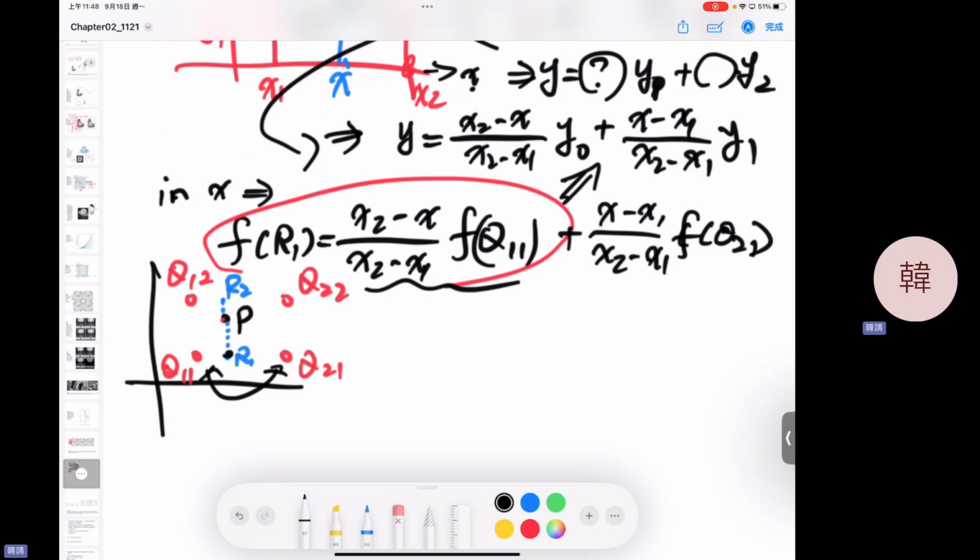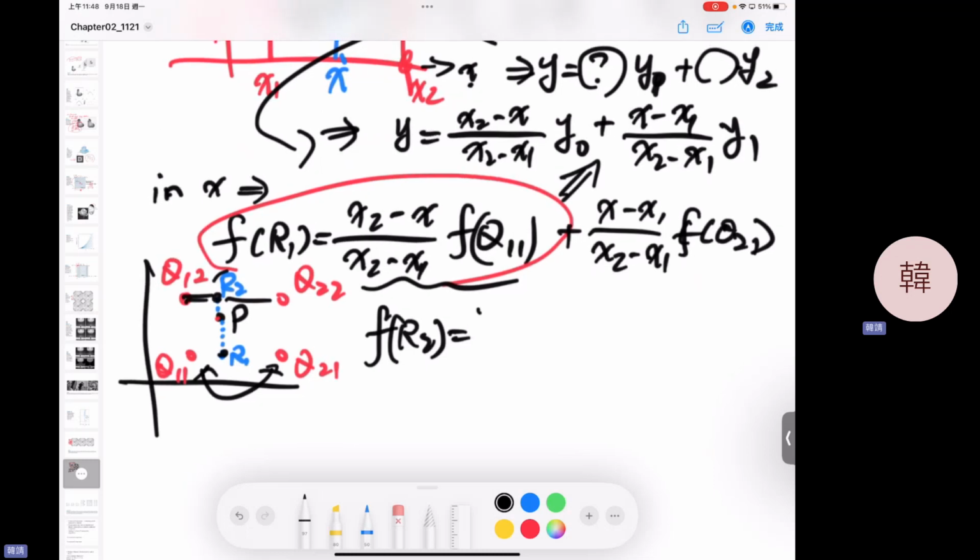And then you look at the vertical line. So again, f of R2. This is f of R2 here, and again, exactly the same. Not vertical, horizontal line. Okay, this is the horizontal line.